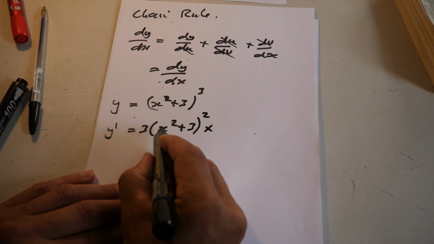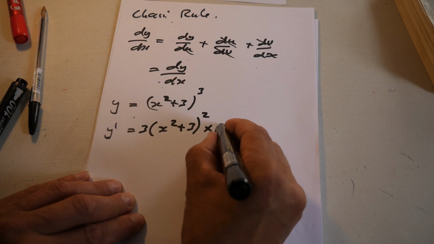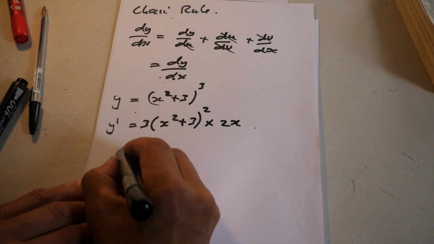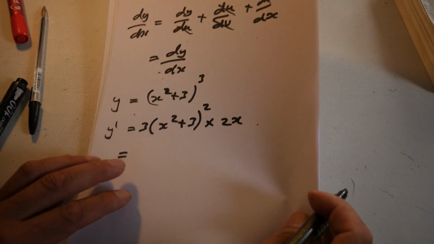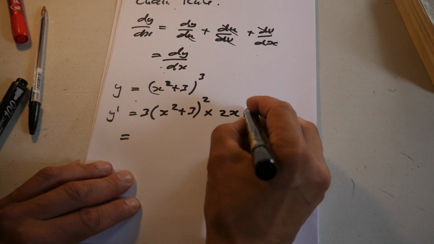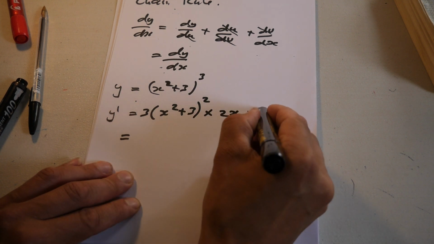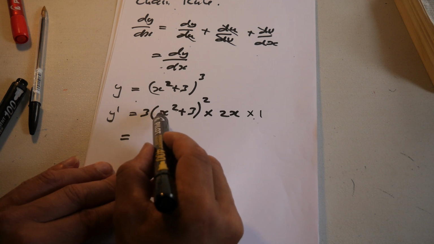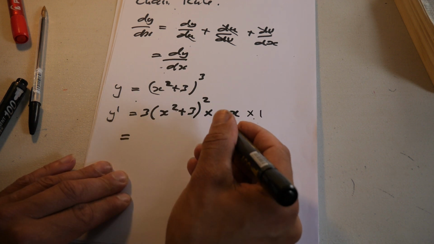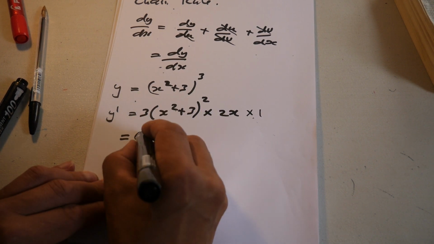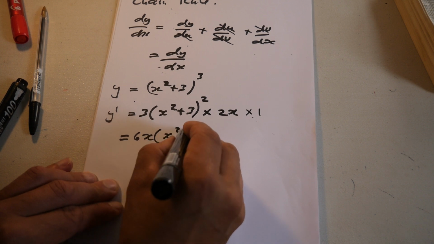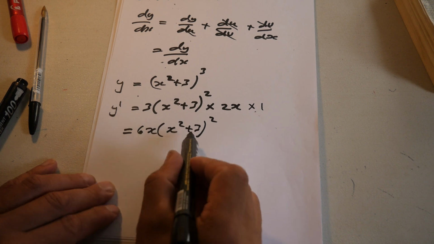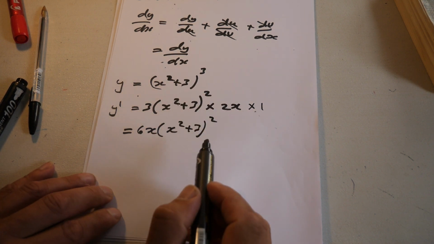Then you multiply it by the derivative of the inside, which is 2x, okay. Derivative of x is 1. So the derivative of this is 2x plus 0, and then the derivative of x is 1. So you get 2 times 3 is 6, x times x squared plus 3 squared, okay? So that's the derivative of that, okay?